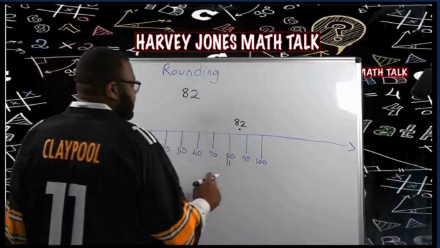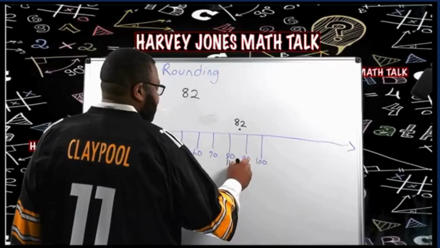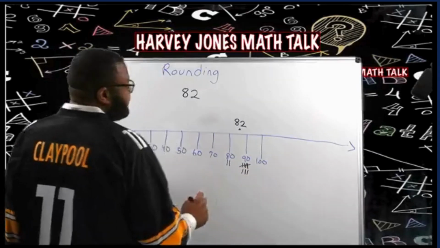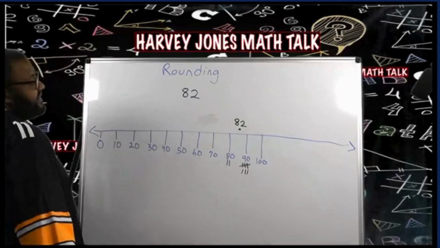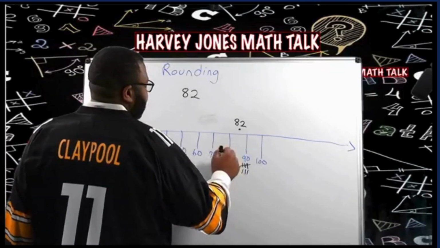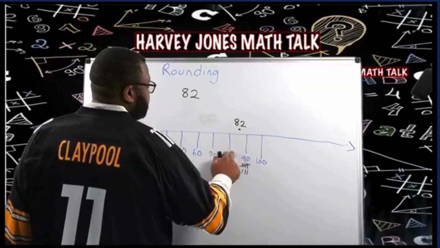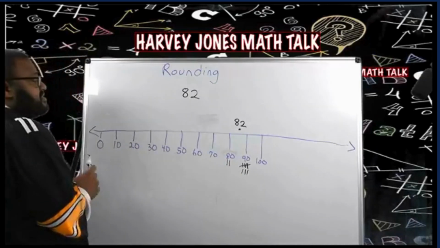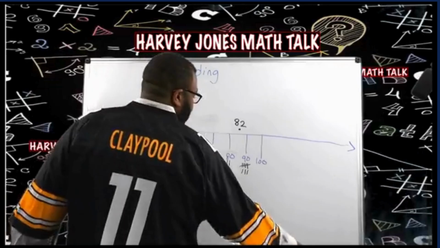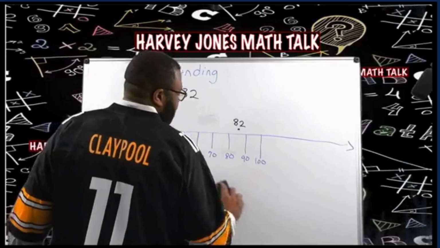On the other hand, what comes after 82? 83, 84, 85, 86, 87, 88, 89, 90. Oh, wow, that's going to be 8 away. So, of course, it's going to be closer to the 80. So that's what Rounds 2 was doing, finding the closest number. And that's how easy rounding can be, especially when we talk about it on our number line.